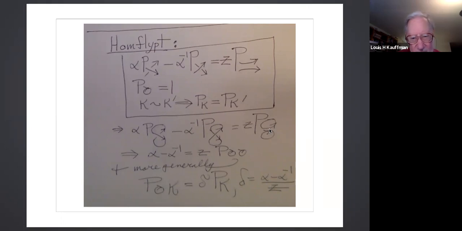So that says that one circle next to anybody, by generalizing the argument, will multiply by delta, alpha minus alpha inverse over Z. Quite different from the Conway situation where the value of the delta is 0, but it includes it. If you take alpha equal to 1, then the delta is 0.